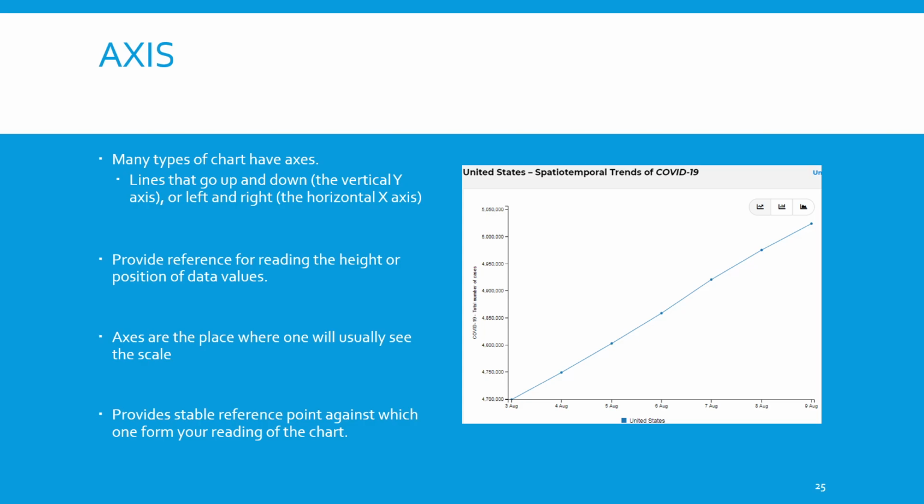When we are thinking about charts, we need to think about axes. And many types of charts have axes. Usually we have the X and Y. The X is the horizontal one, the Y is the vertical one. And there are ways to present reference for different values.